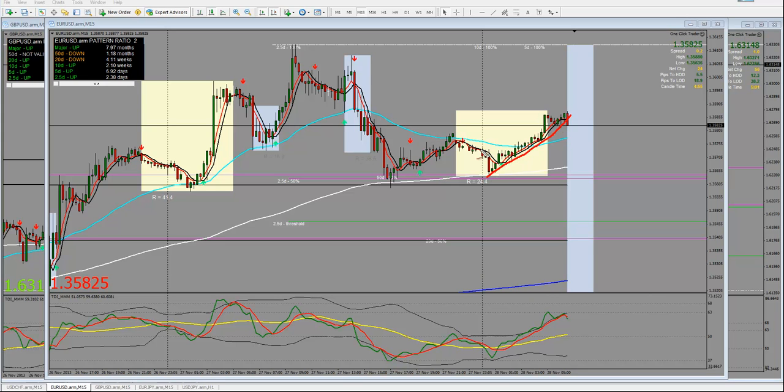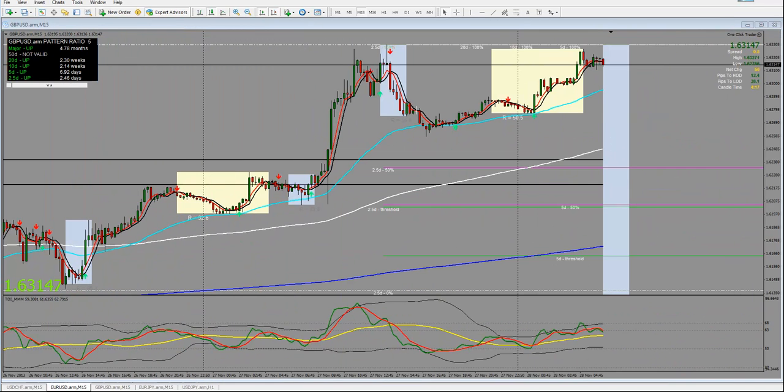As you can see, the accumulation channel is this one during Asia, and I would like to see big moves towards these levels here, the 1.3550, and we could start buying it from here. So again, the overall bias is up, because we have the 2.5 day, 5 day and 10 days up, and we'll see, we can take it from there.